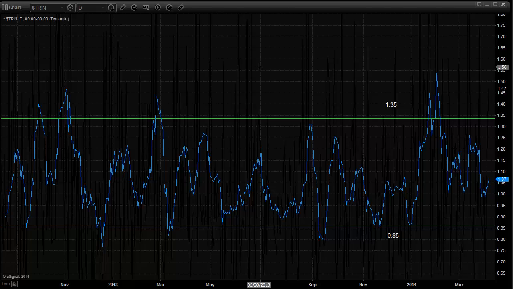Right now we're at 1.07, which is pretty much dead neutral. When we get up to 1.35, that means we've got a short-term oversold condition. 0.85 is the overbought condition, and we've got a little bit of an upward bias here, but we've got a lot of room to go before we get close to a short-term oversold condition in the market.